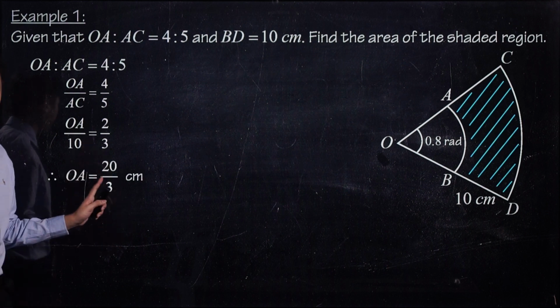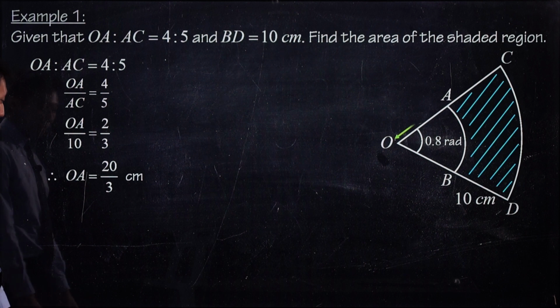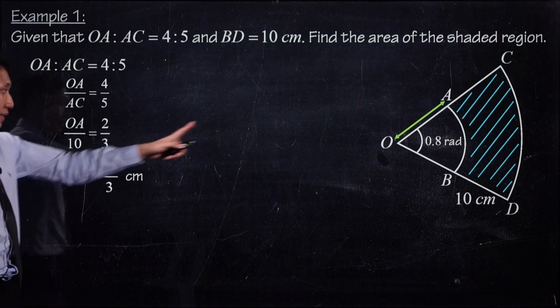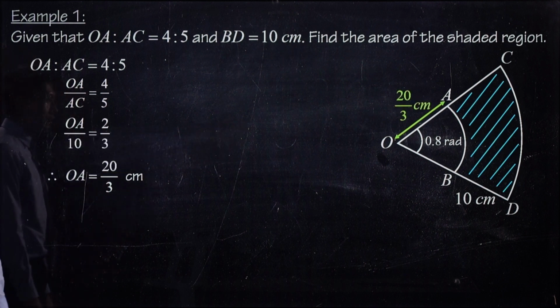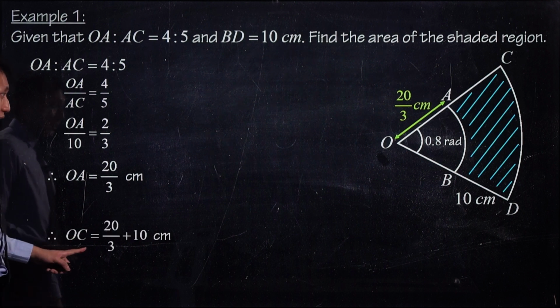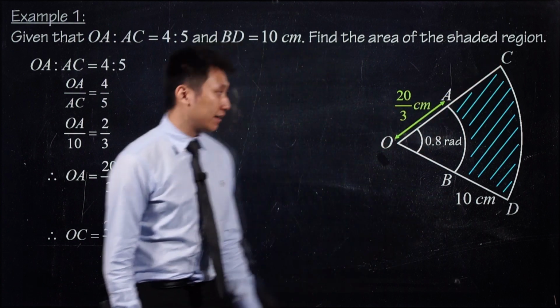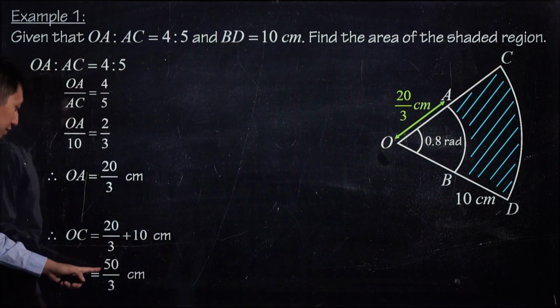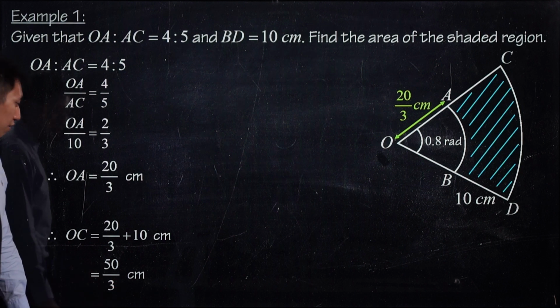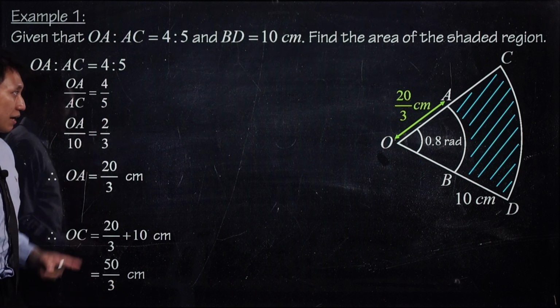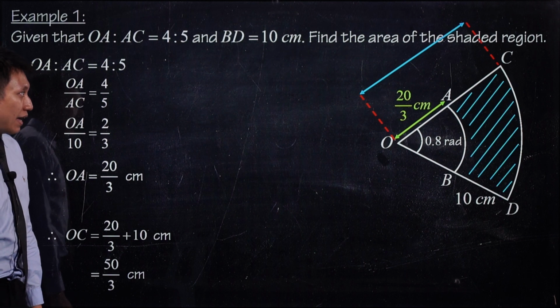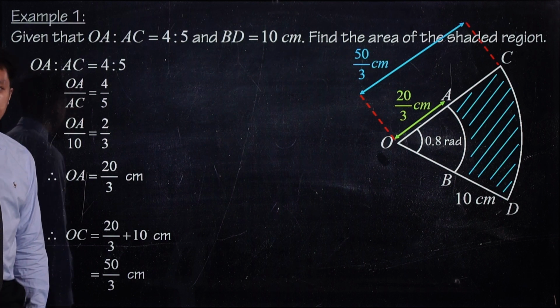Again, I don't truncate, I try to use fractions. Next, OC. The whole thing here will be this thing plus 10, which is 50 over 3 cm.